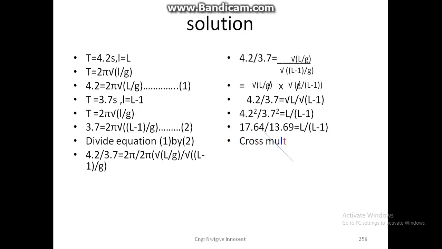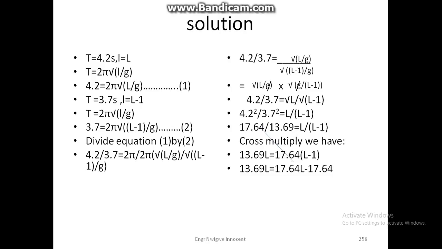Cross multiplying, we have 13.69 L equals 17.64 times L minus 1. 13.69 L equals 17.64 L minus 17.64.